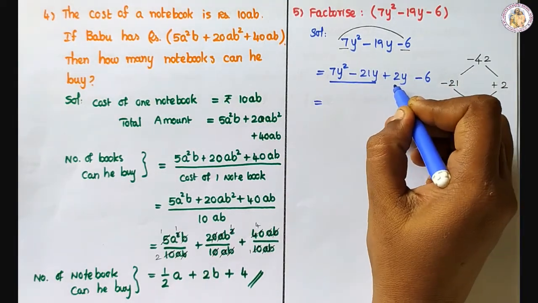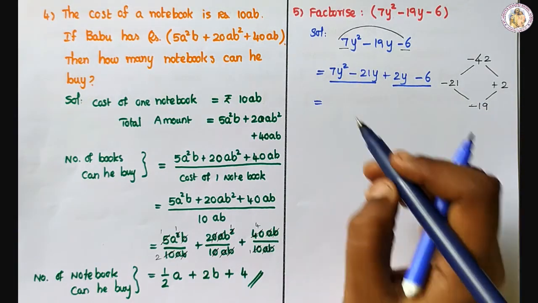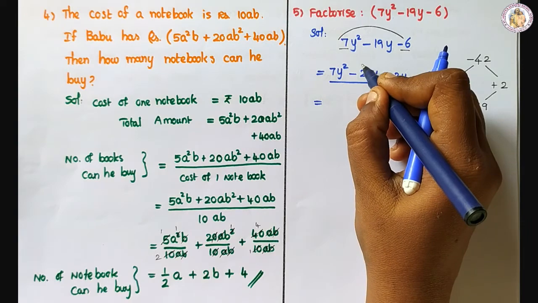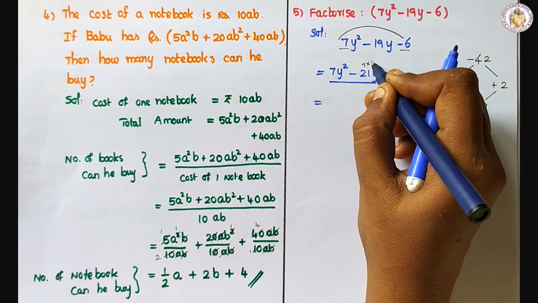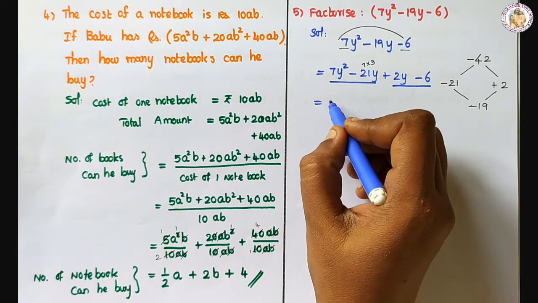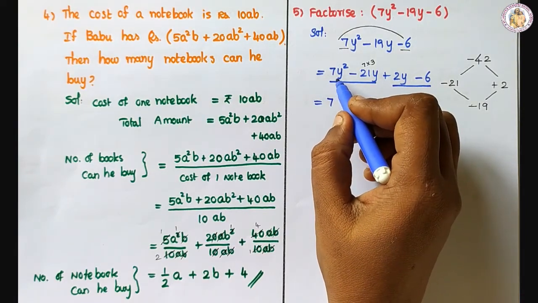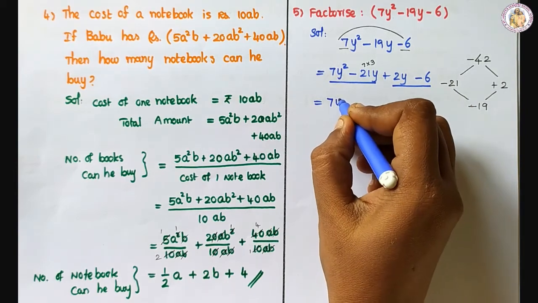Take the first two terms and the second two terms. In the first two terms, listen, 7: here 21 can be written as 7 into 3. So in both the terms 7 is there. So take out 7 as common, and y also is there, so take it out.